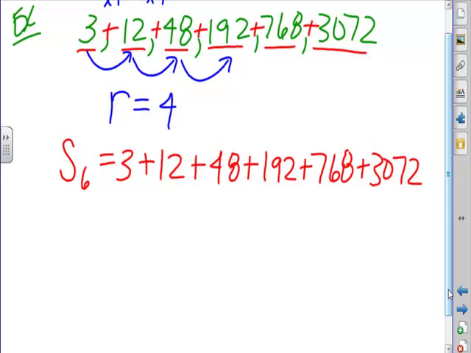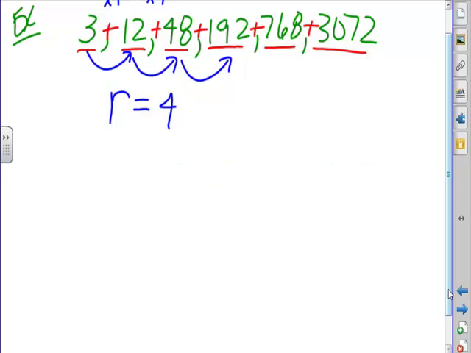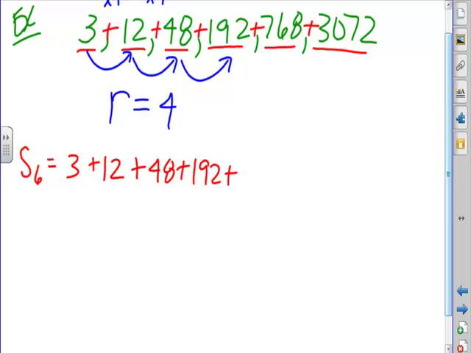I'm going to write this a little bit smaller. So bear with me for a second. I'm going to sum the first 6 items. So I have 3 plus 12 plus 48 plus 192 plus 768 plus 3072.